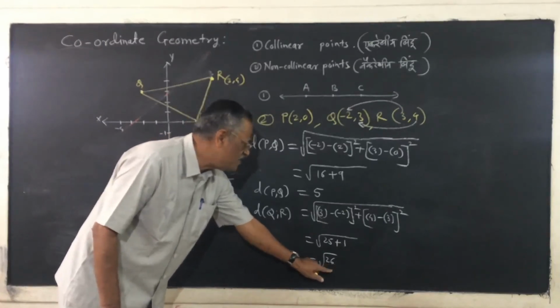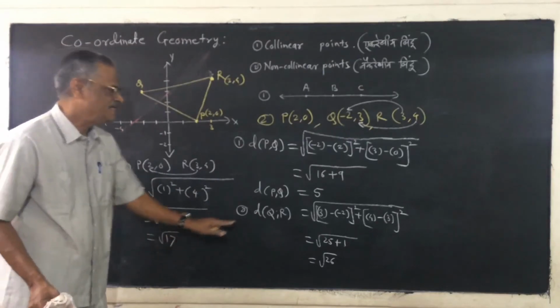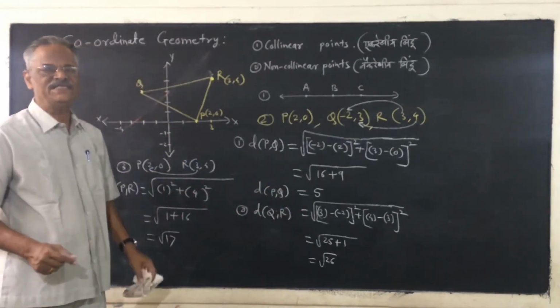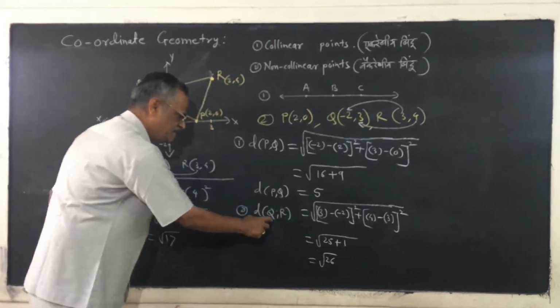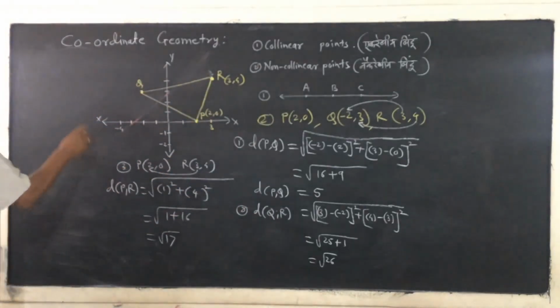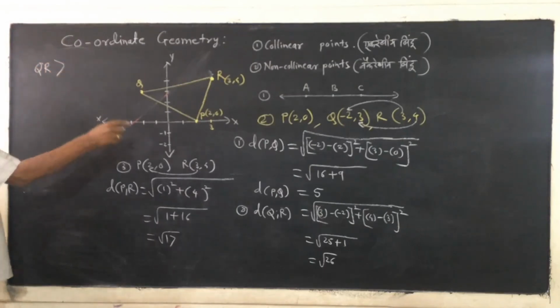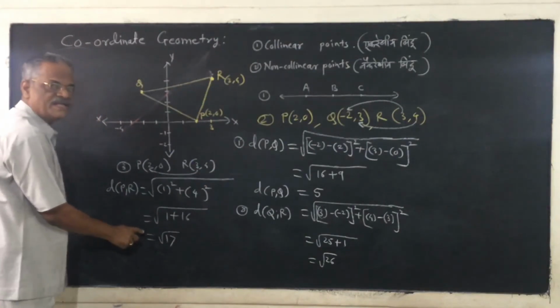And the other is 5. So you can see which is the greatest distance. I think this is more than 5, so this is the greatest distance. Distance QR is greater than PQ and PR.